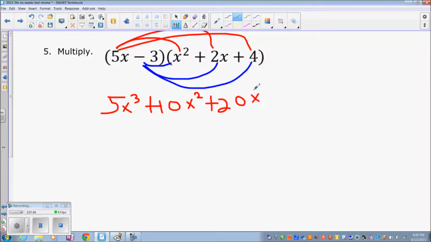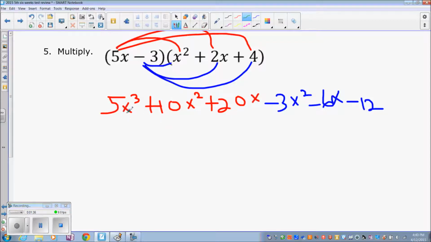Okay, now let's do our negative 3 times everything. Negative 3 times x squared is going to be negative 3x squared. Negative 3 times 2x is going to be negative 6x. Negative 3 times 4 is going to be negative 12. Now, we have a lot of numbers going on, so we've got to see what we can combine.